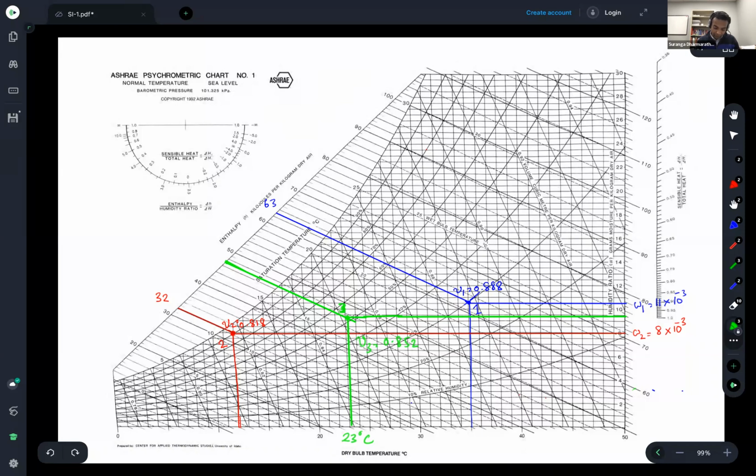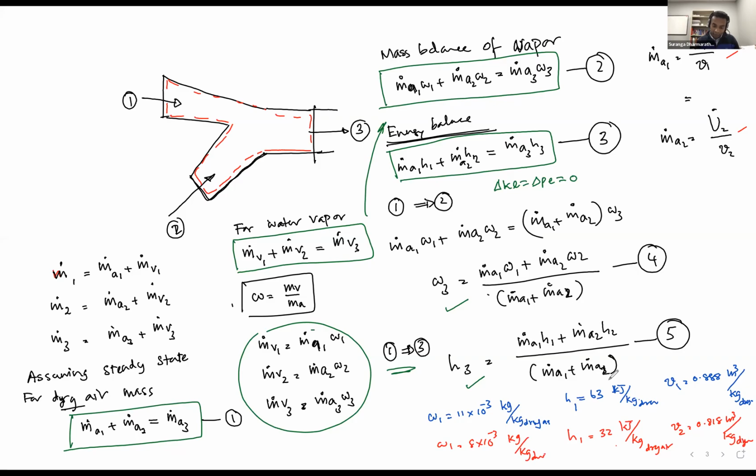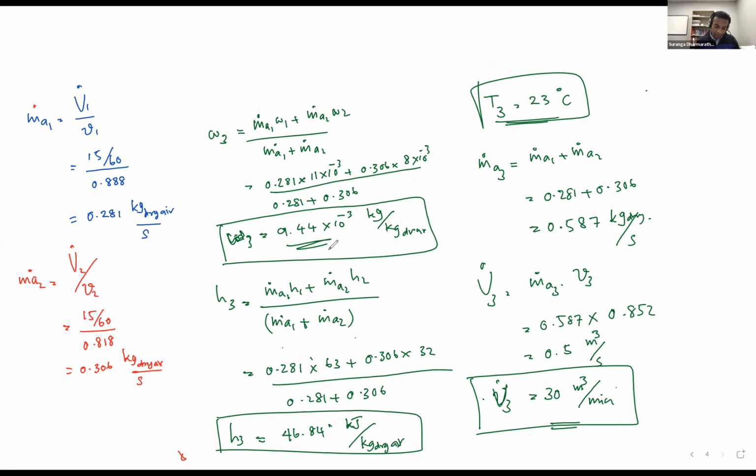Then just after finding the mass flow rate, we apply those equations and find omega 3 and H3. Once I find omega 3 and H3, I can go back to the psychrometric chart.